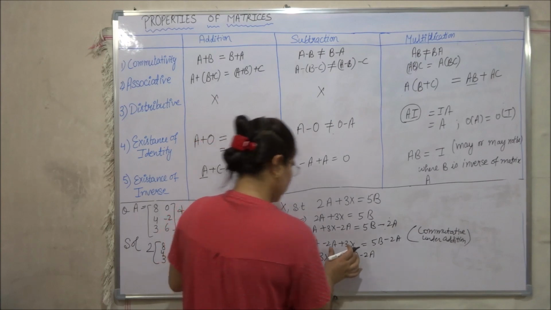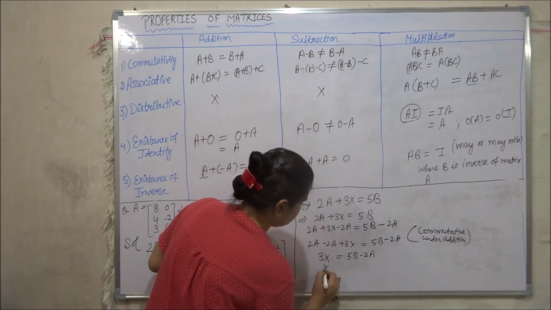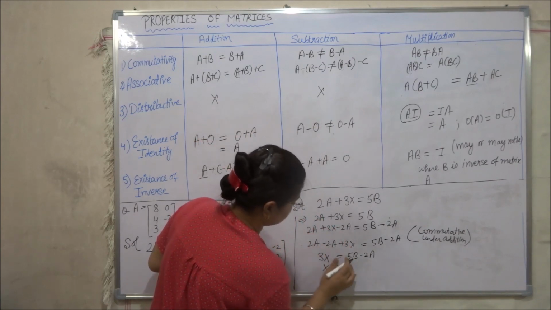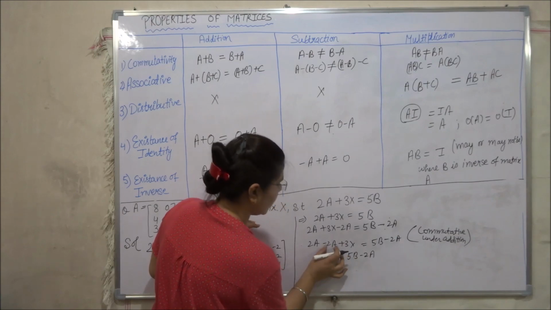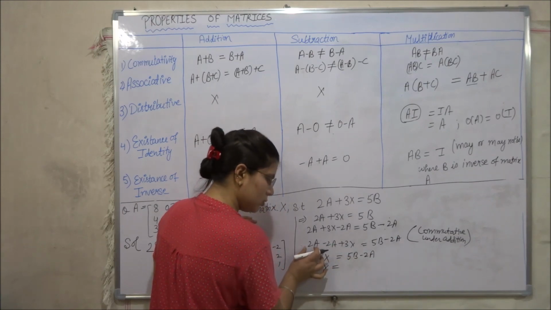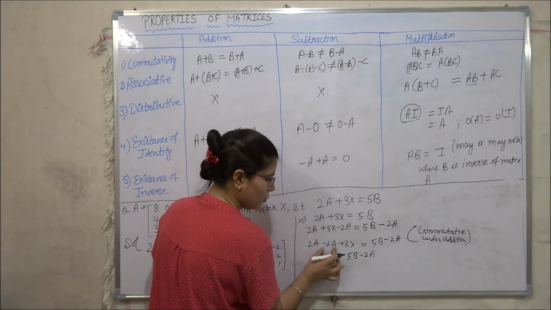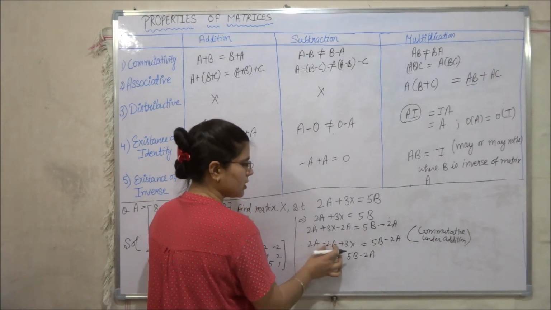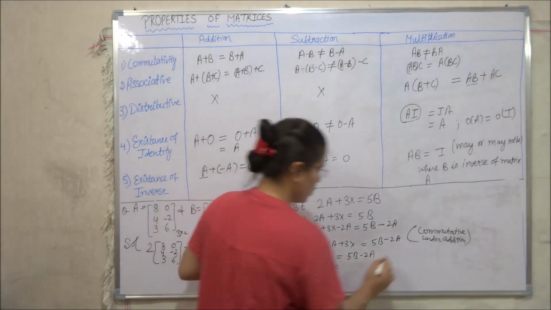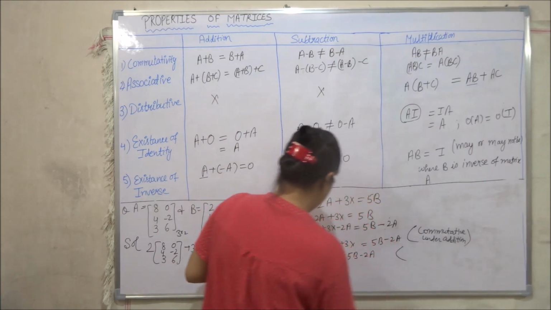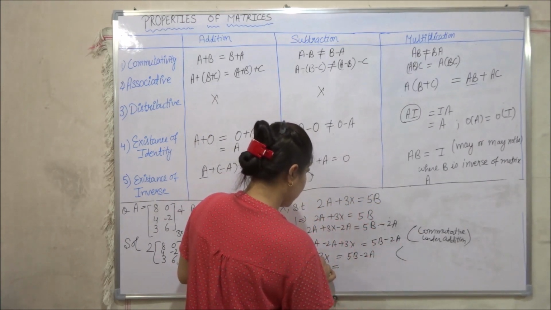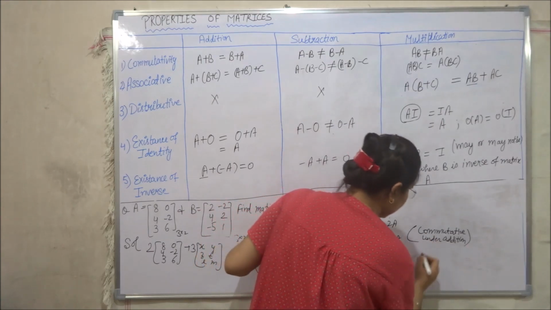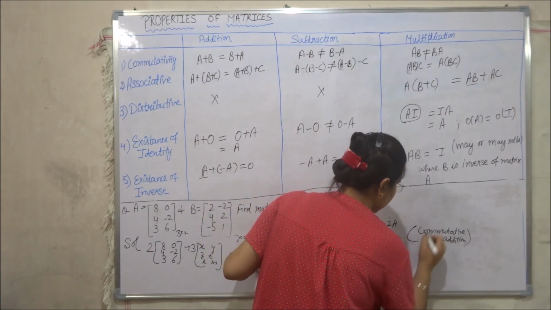Here, negative of 2A is the inverse of 2A. This is the additive inverse of matrix 2A, so we apply it to get the zero matrix under addition.